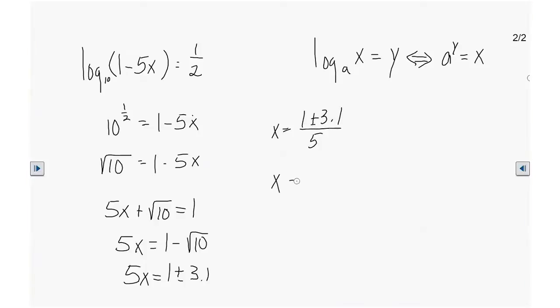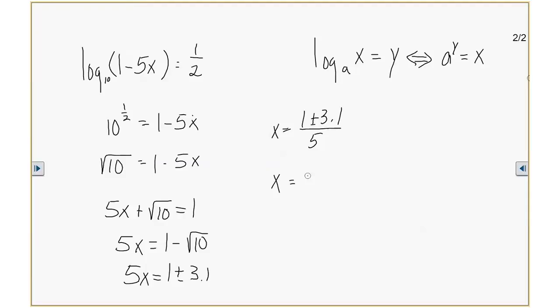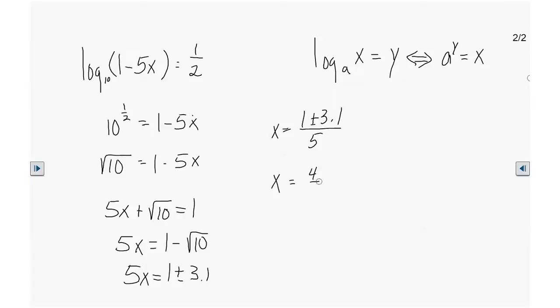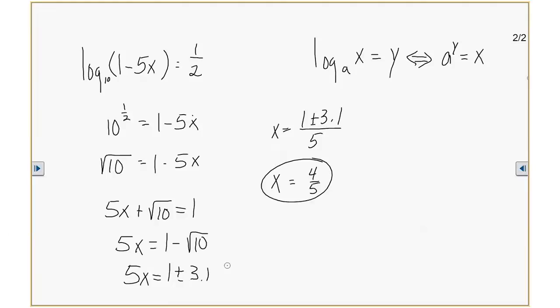X is equal to 1 plus 3.1 is 4.1. So 4.1 over 5 is 1. And 1 minus 3.1 is negative what? 2.1? Y'all check it, because if you have $1, you owe $3.10, so that'd be negative $2.10, right?